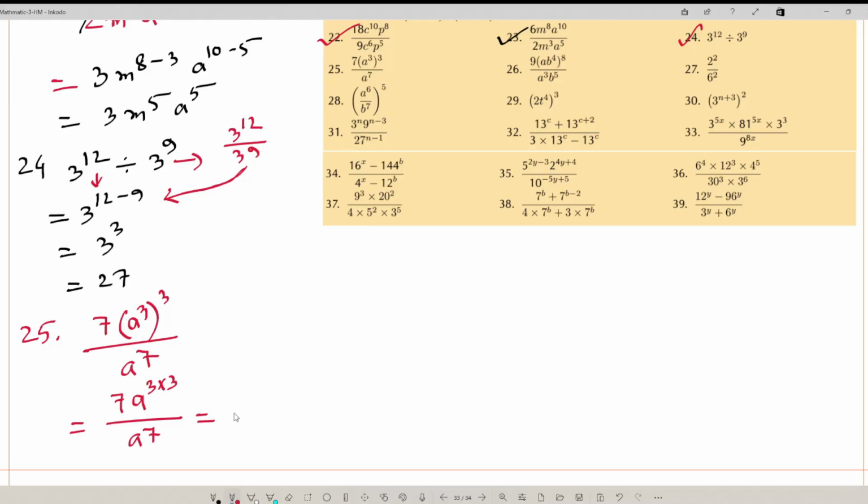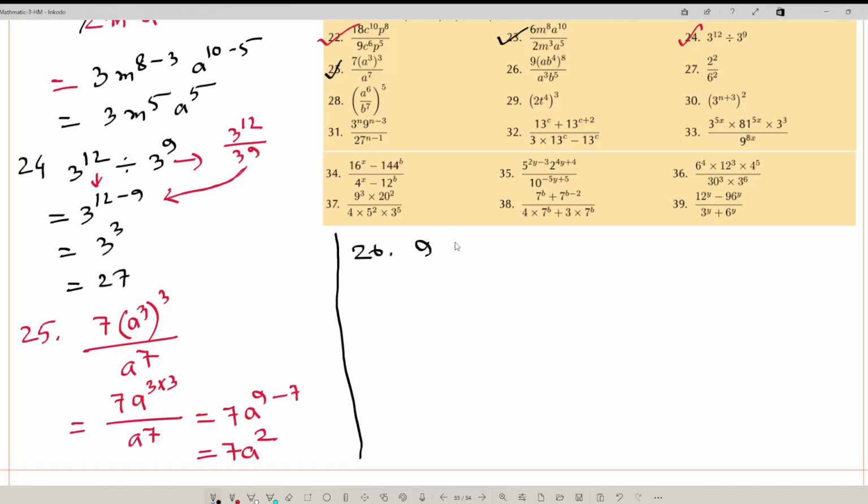So we can write 7a^(3 times 3, which is 9), and we know once the bases are the same in division, the powers are subtracted, so 9 minus 7. So our answer is 7a^2, right? We can write this one in here. Okay, so 25 is done. Now 26.